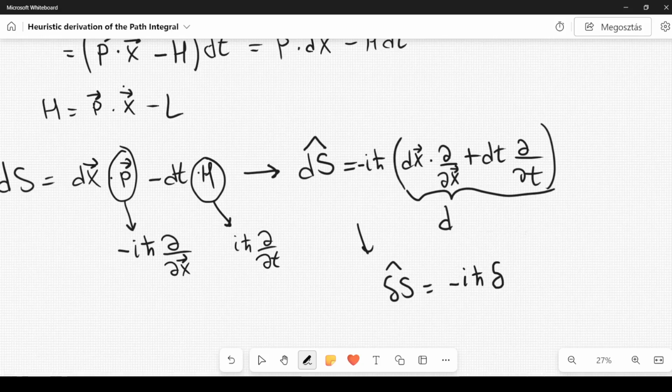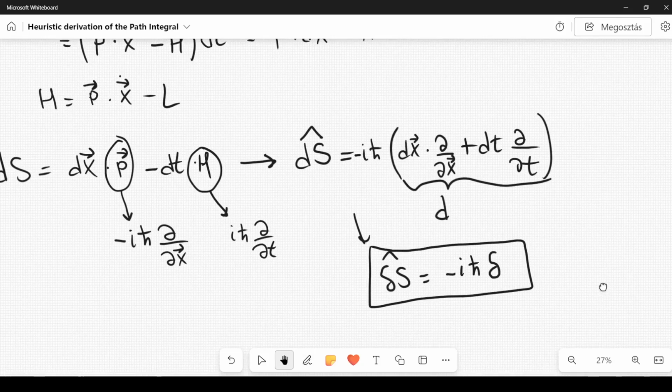And this is how we can interpret the action. So this is an important heuristic derivation, because it's heuristic because it's not formal, it's informal. The procedure is not mathematically clear if you really think about it in a rigorous way, but it can help you think about this, and it can help your intuitive understanding.